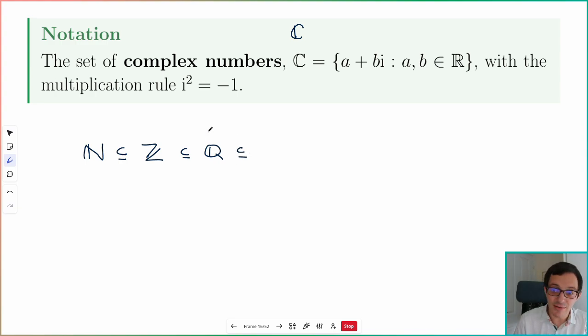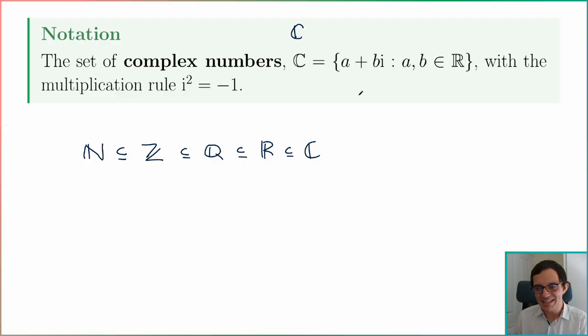Anyway, the rationals are a subset of the reals, because that includes all of the irrational numbers as well, like the square root of 2. And then the reals are a subset of the complex numbers if you believe that setting b equal to 0 gives you a real number. And I think I'm being pedantic now, but is a plus 0i a different representation of the same number that we need to set up an equivalence relation for?